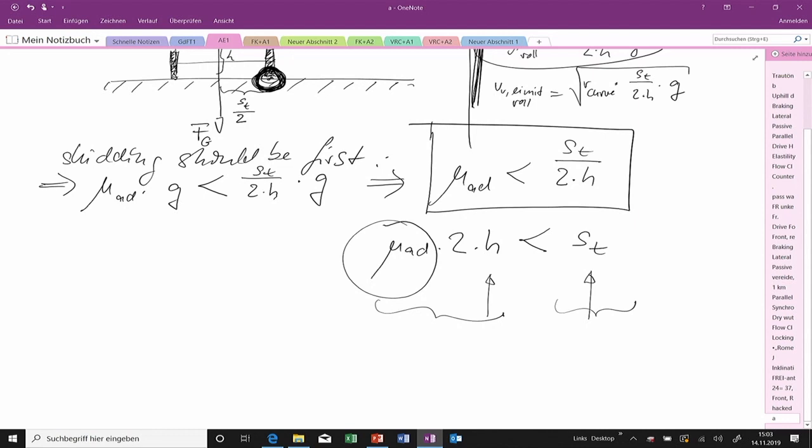And if I do an alternating steering action, so I go into one direction and then into the opposite direction, then the car will first roll like that, and then it will roll like that. And also around the roll axis, oscillation is possible.